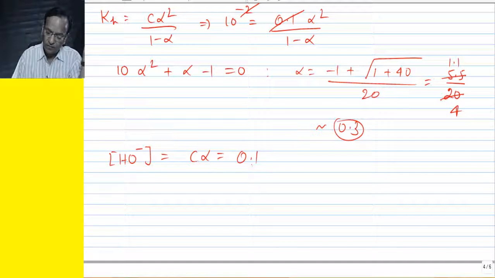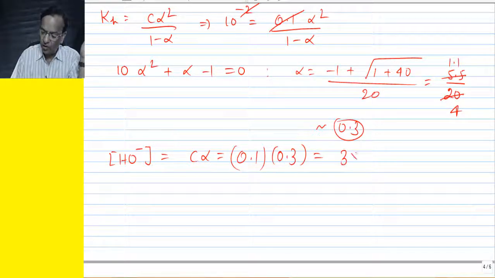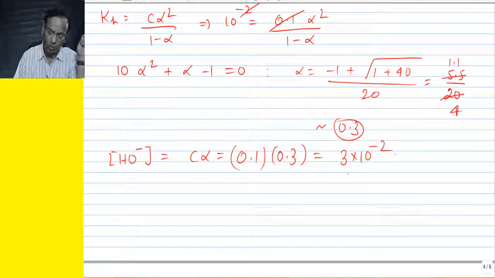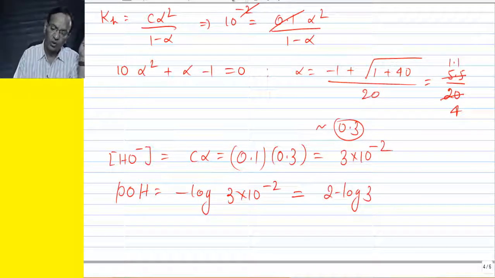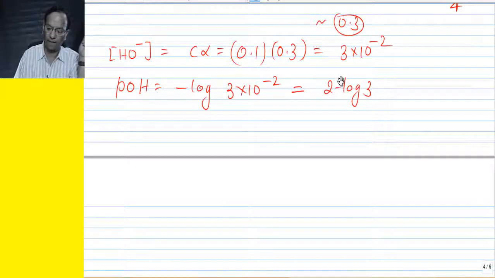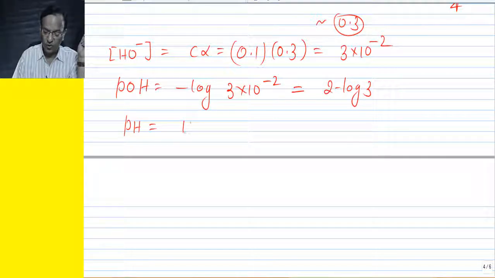So concentration of hydroxide ion is now C alpha. C is 0.1, alpha is 0.3. So it is 3 into 10 raised to the power minus 2. So pOH is minus log of 3 into 10 raised to the power minus 2. So it is 2 minus log 3. So pH will be 14 minus pOH.